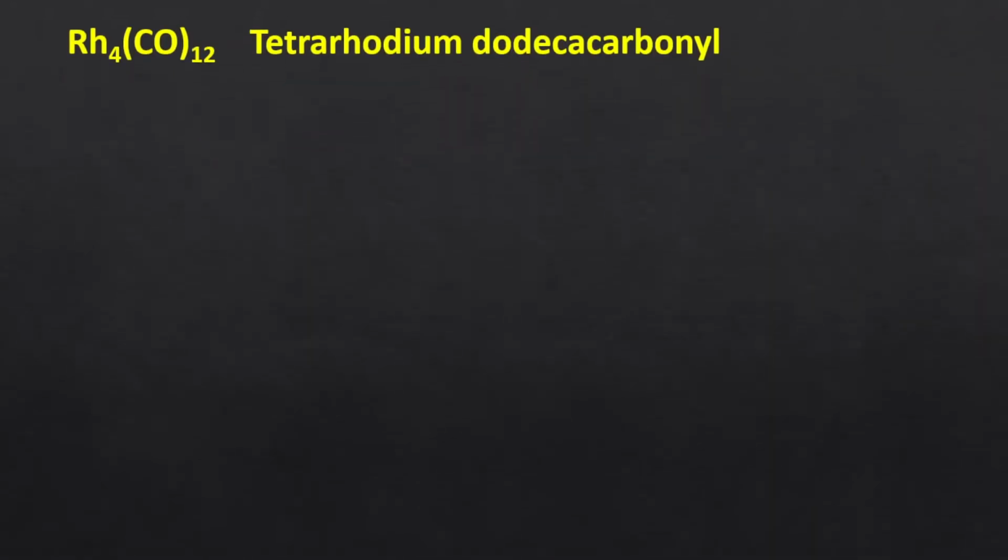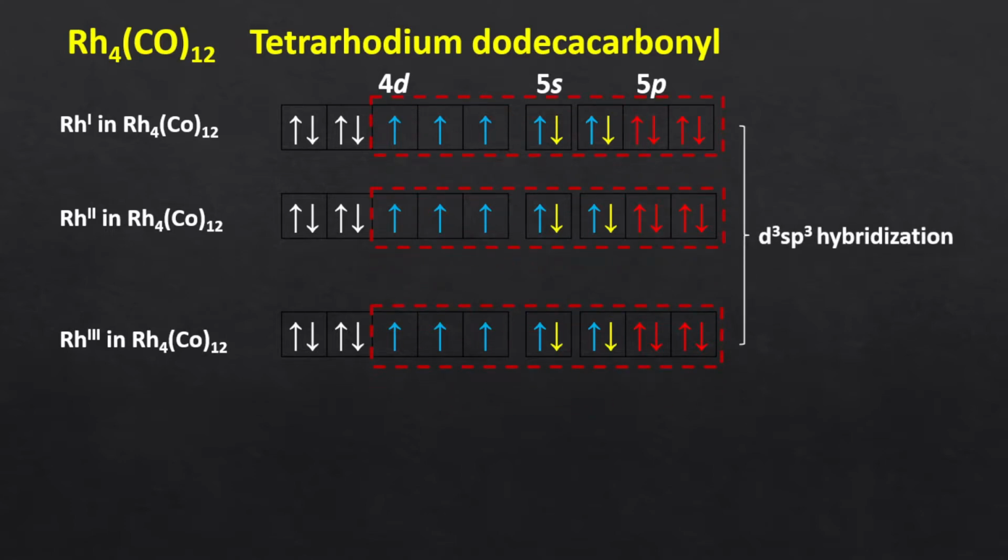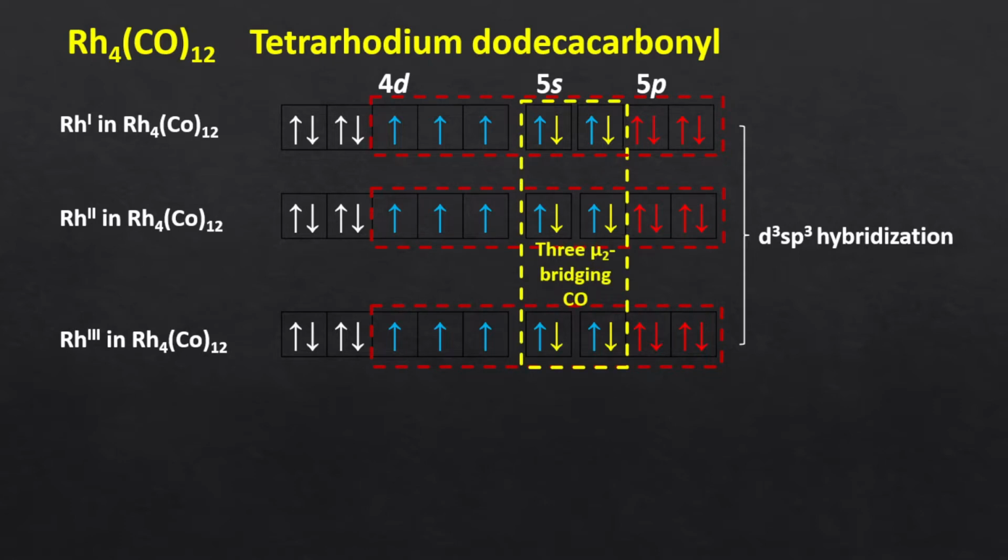In the tetrarhodium dodecacarbonyl complex, we have two different types of rhodium. In this complex, there are 4 rhodium atoms. So the number of electrons involved in 6 metal-metal bonds will be 12. 3 rhodiums undergo d3sp3 hybridization and share 3 mu2 bridging carbonyls. These 3 rhodium atoms accept 2 pairs of electrons from 2 carbonyl ligands in their 2 vacant d3sp3 hybrid orbitals.